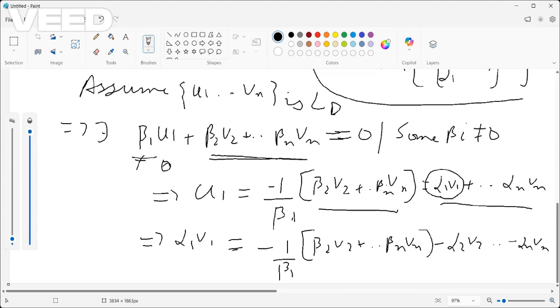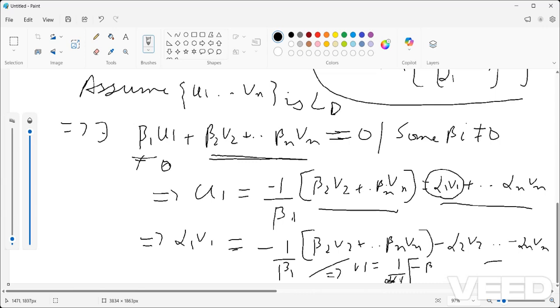Now I can group all the coefficients of v2 to vn, and what I get is v1 equals 1 over alpha 1 times: the coefficient of v2, minus beta 2 by beta 1 minus alpha 2, v2, and so on, minus beta n by beta 1 minus alpha n, vn.